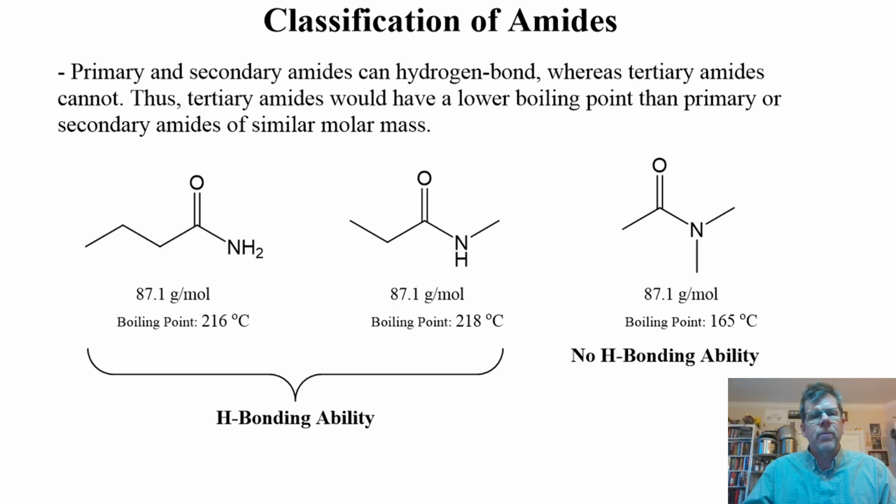So look at these boiling points now. The primary and secondary amides have boiling points of almost exactly the same, about 220 degrees Celsius. Whereas look over on the right, the boiling point of the tertiary amide is significantly lower. They're all high boiling points, but it's significantly lower. This is a comparison, and that is because that tertiary amide does not have hydrogen bonding ability like our primary and secondary amides.